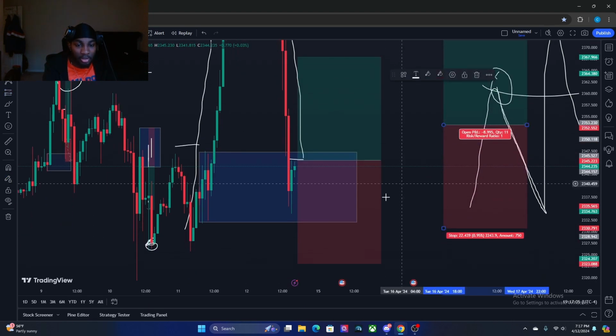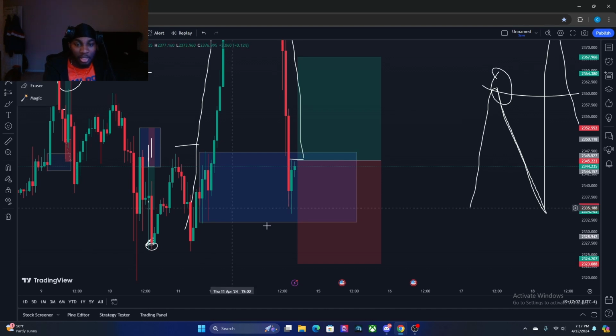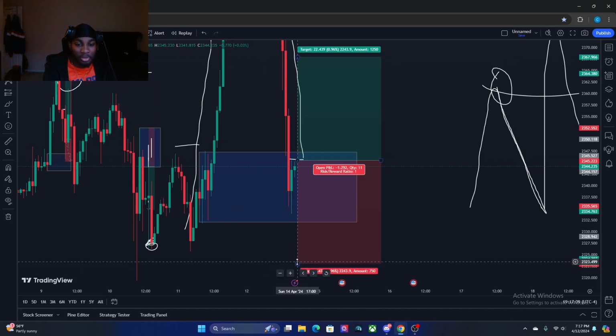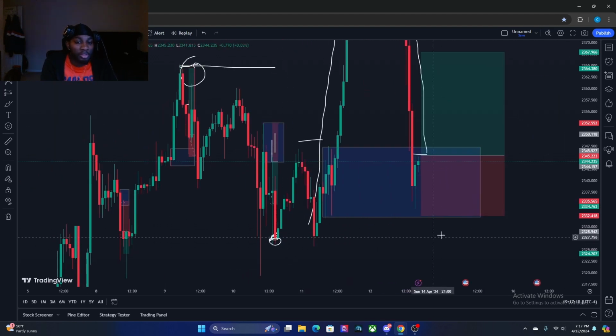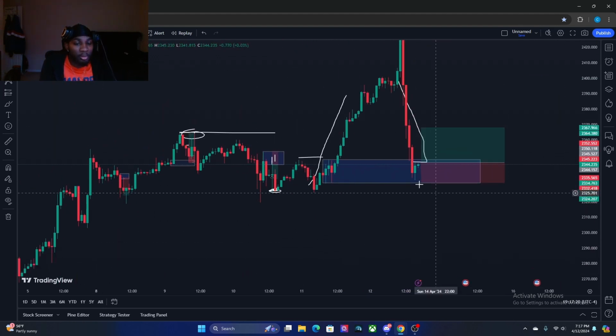right here. Oh my goodness, did I just turn that off? Stop loss right up underneath here, or your stop loss could be underneath these lows. I would have just kept it right here, because this is low enough. If it breaks underneath here, we're probably going to continue coming down at that point.